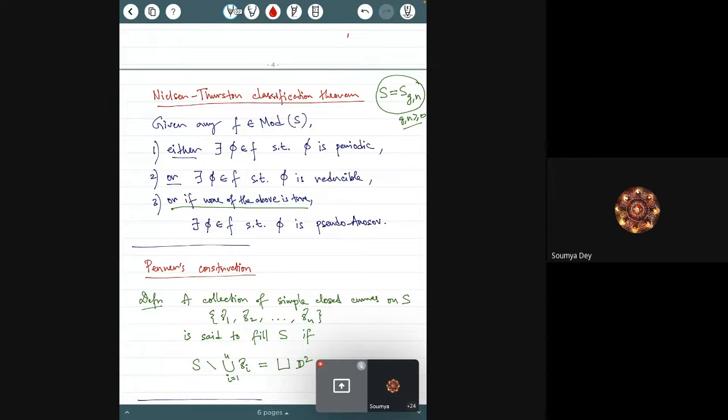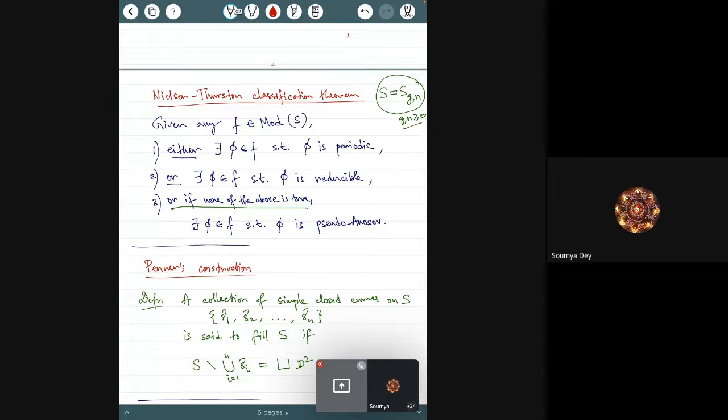Either there is some homeomorphism inside that mapping class F, say phi, such that phi is periodic. By periodic, I mean it is of finite order. Or there could be a phi inside your mapping class such that phi is reducible. Reducible means there is a multi-curve sitting on your surface which is preserved by this phi.